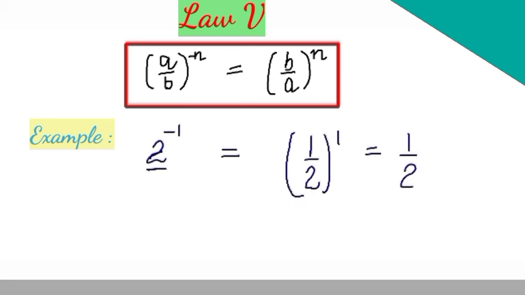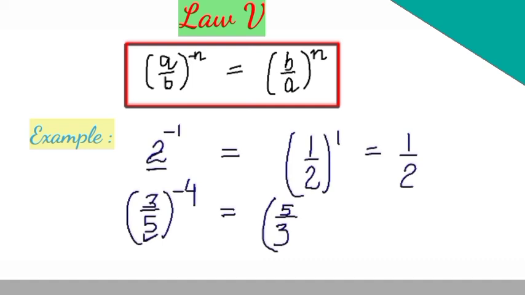Clear? Now if we have a rational number like 3 upon 5 and its negative power, which is minus 4. What will you do here? Write the reciprocal of this base. The denominator will become the numerator and the numerator will become the denominator, and the power will be positive now. It will become plus 4.